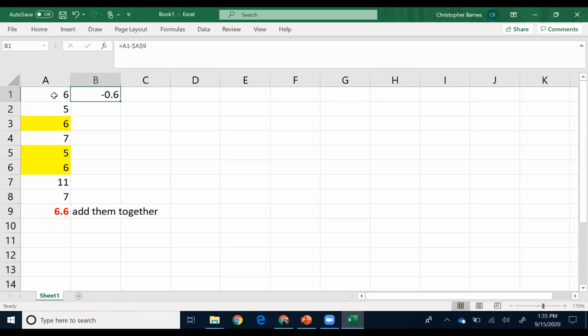So 6 deviates from the mean of 6.6 by negative 0.6. I want y'all to type in chat, how much does 5 deviate from the mean? So it's going to be negative. All right, we're typing it in the chat. If we're talking, we're cheating other people from critical thinking.